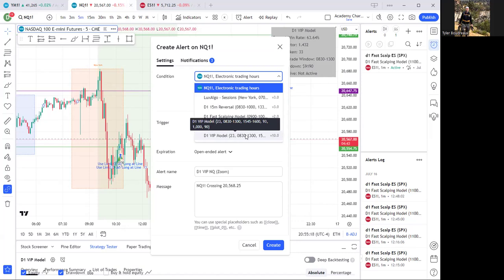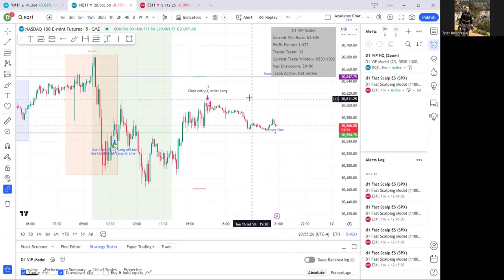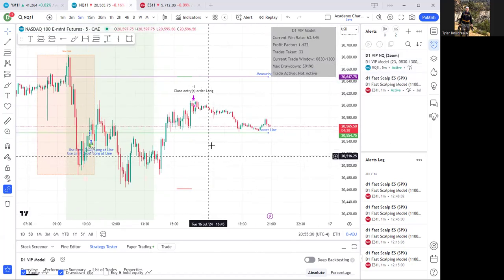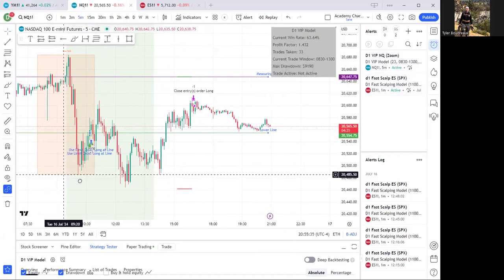We create an alert, and now whenever that alert triggers, it's going to ping my email, my computer, and my phone. So all we've done is take that same alert and send it to the signals group.